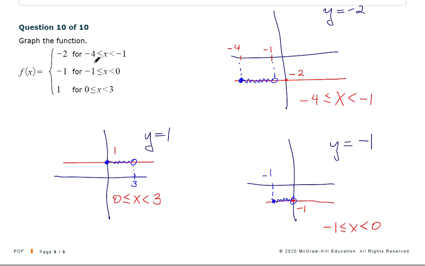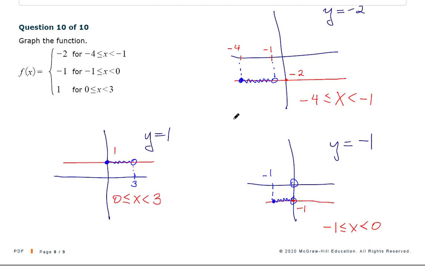Let's see, the first one, -4 to -1. Closed dot on the -4 because of the equals, open dot there. The next one, -1 to 0. 0 is an open dot. Okay, got that little piece.